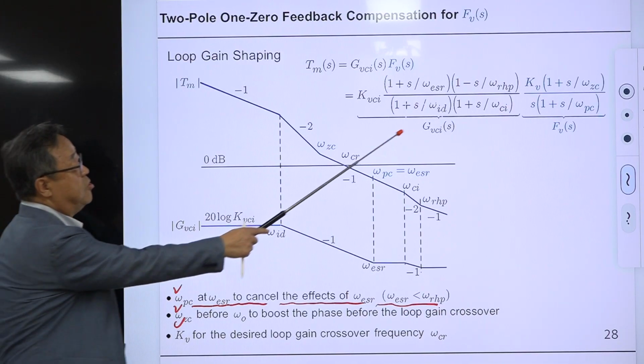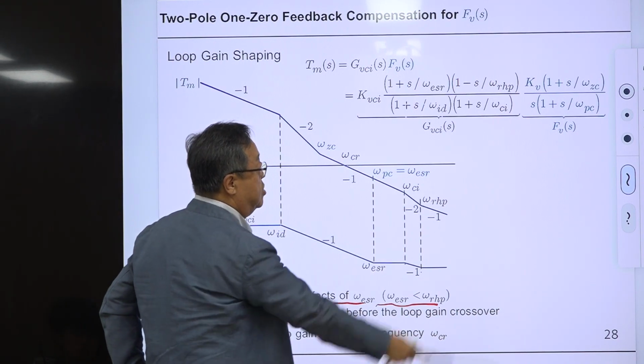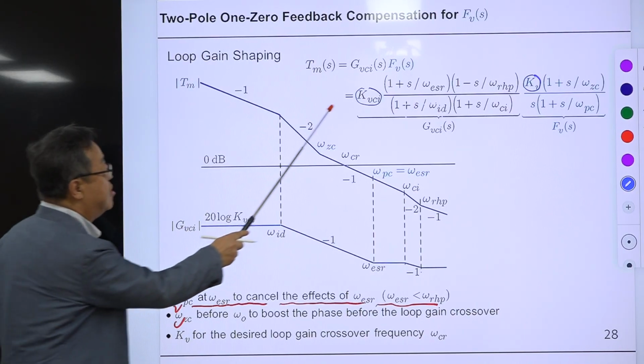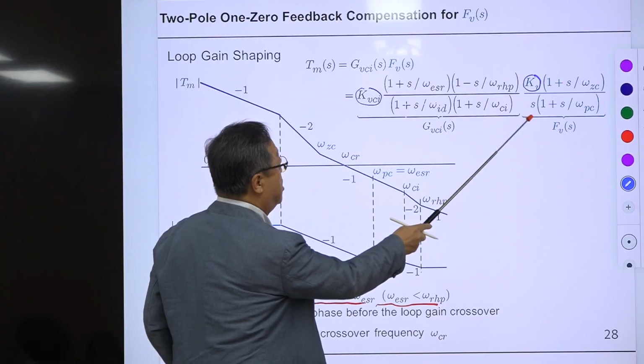So this is low frequency. It starts with the integration, and KV is the integration gain. It starts out with this integration, this times this divided by s.